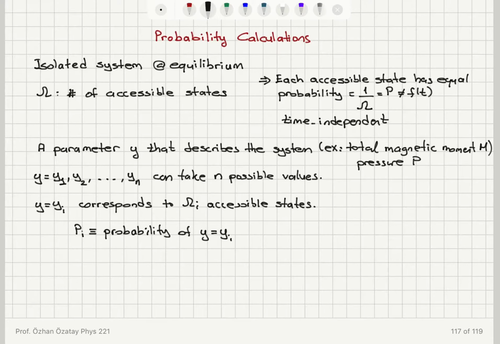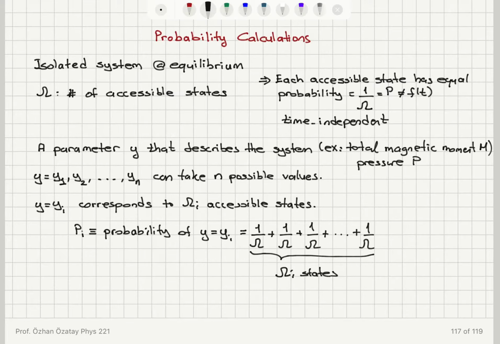So that means I have omega I accessible states corresponding to this y sub I. So I'm counting the probability of all of those accessible states. For the first one, I have 1 over omega. Second one, 1 over omega. Third one, 1 over omega, etc. All the way up to 1 over omega for all of those omega sub I states.